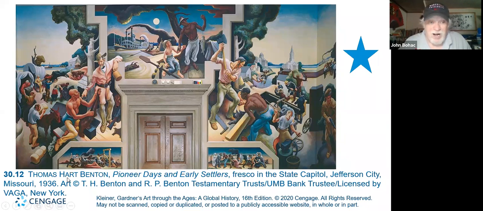And another guy who was from Missouri, Thomas Hart Benton, early days and early settlers, fresco in the state capitol, Jefferson City, Missouri. There's one of these murals at the old post office in St. Louis, and you can find these at various places in the state. Thomas Hart Benton was a more right-leaning artist of his time.